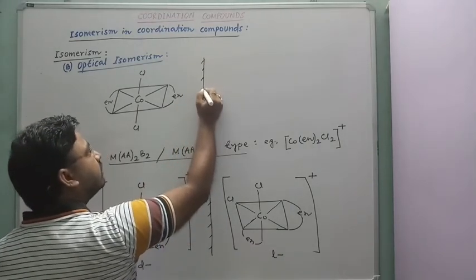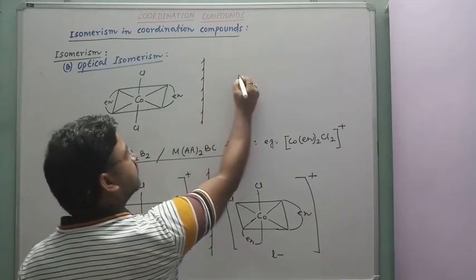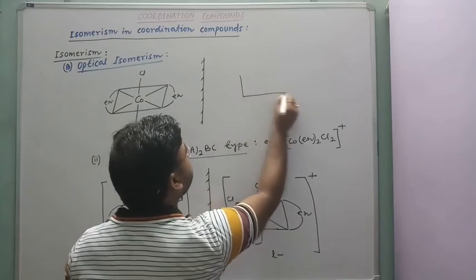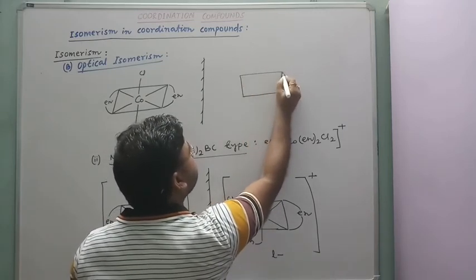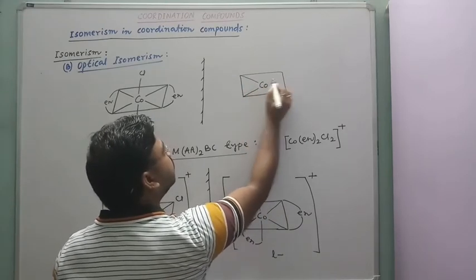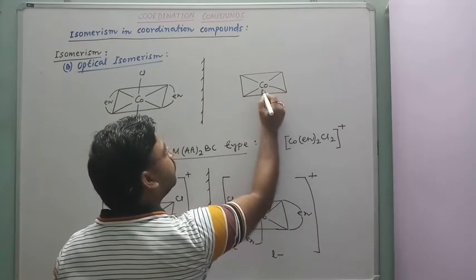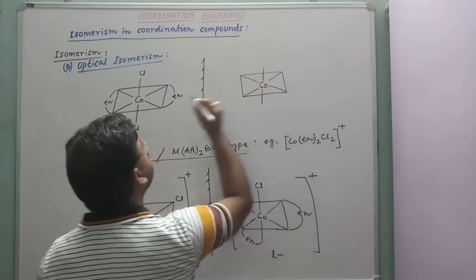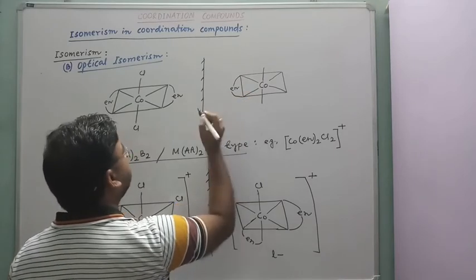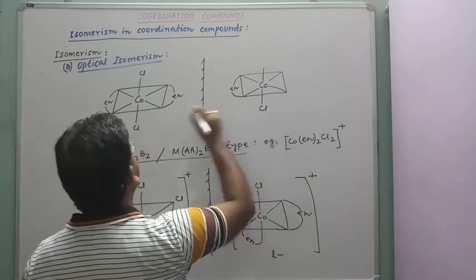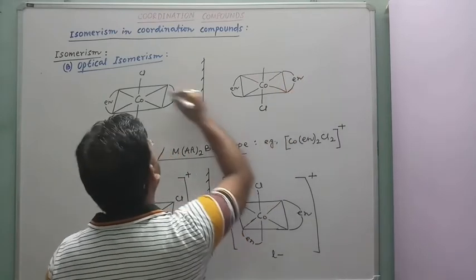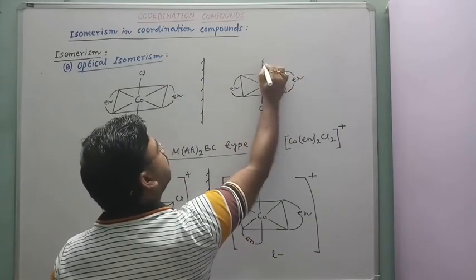Now if it is the mirror, our structure will be like this. Co 1, 2, 3, 4, 5, 6. This en comes here, this chlorine here, this en goes towards this direction, this chlorine here.